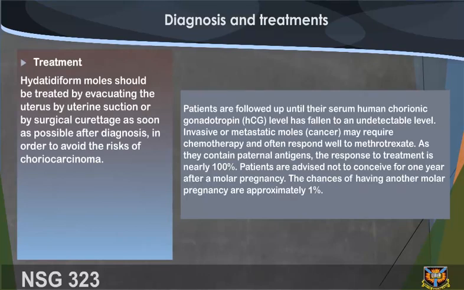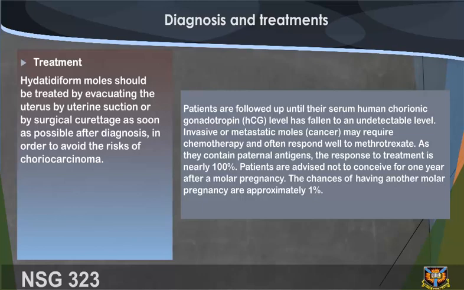Treatment. Hydatidiform moles should be treated by evacuating the uterus, by uterine suction or by surgical curettage, as soon as possible after diagnosis in order to avoid the risks of choriocarcinoma. Patients are followed up until their serum human chorionic gonadotrophin, HCG, level has fallen to an undetectable level.